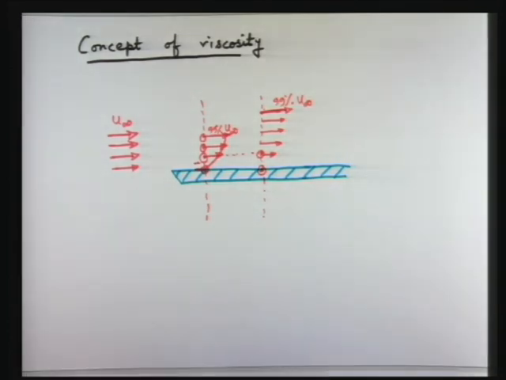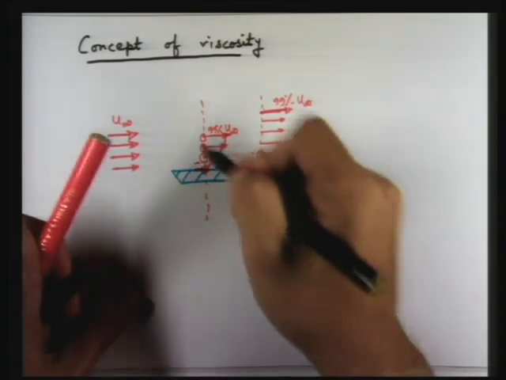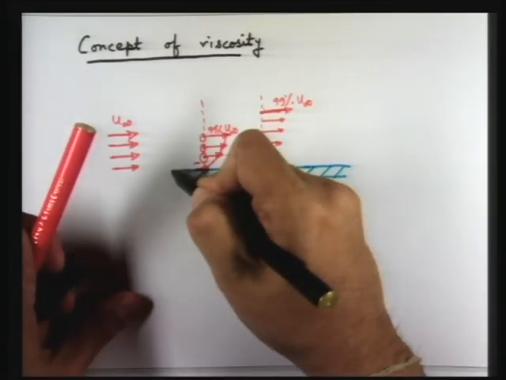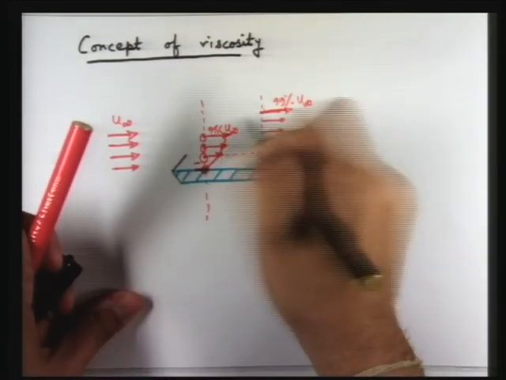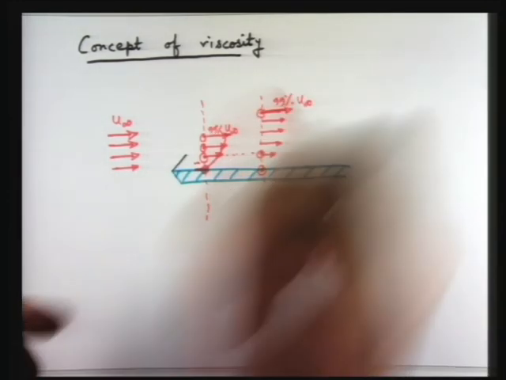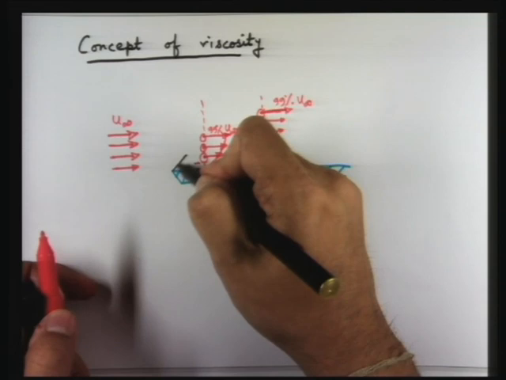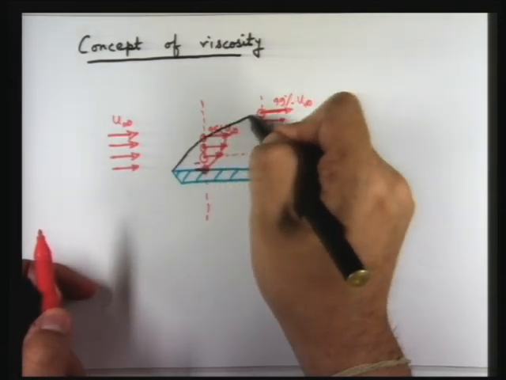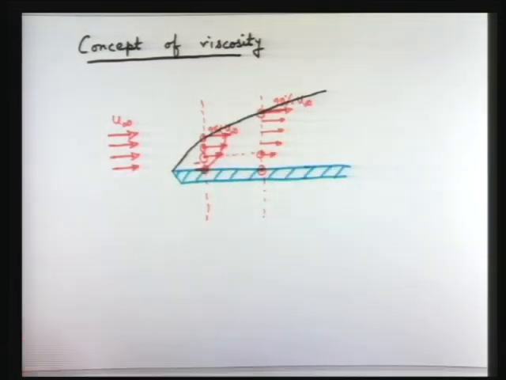So we can clearly see that we are getting two demarcative regions. One region within which the effect of the wall is strongly felt, and that region can be conceptually visualized by drawing the locus of these points of 99% of u infinity.